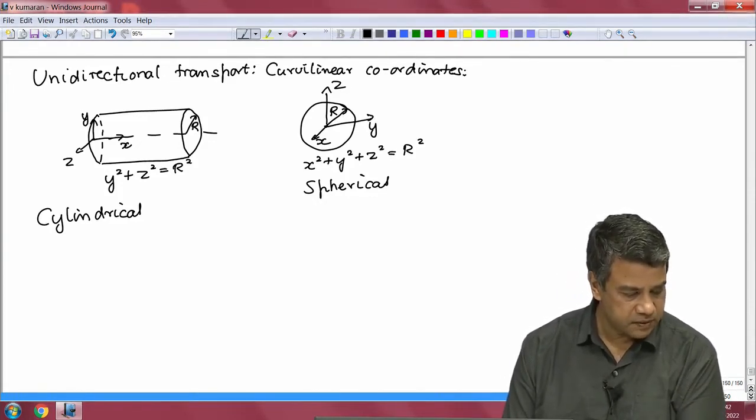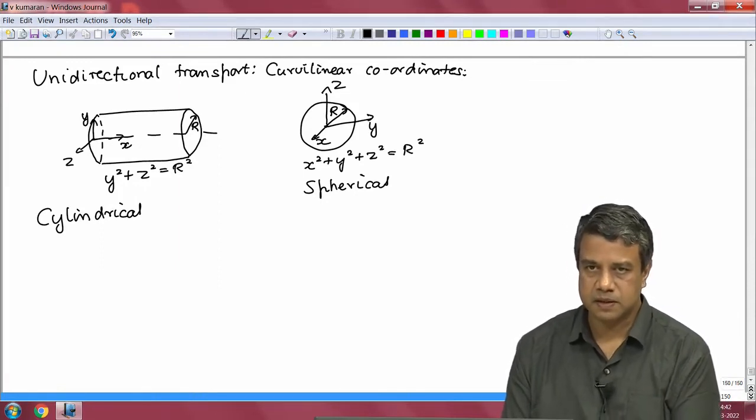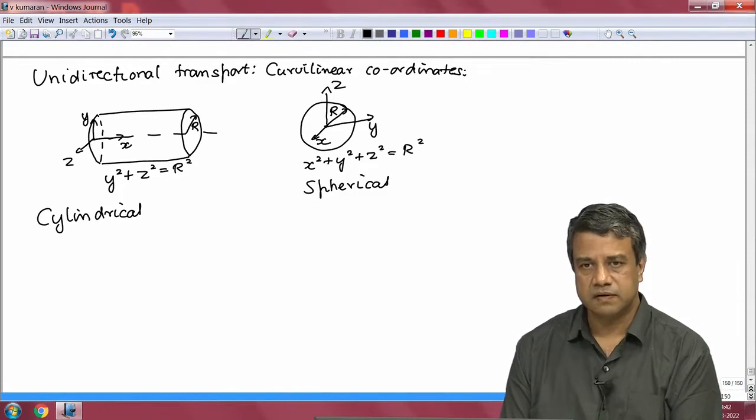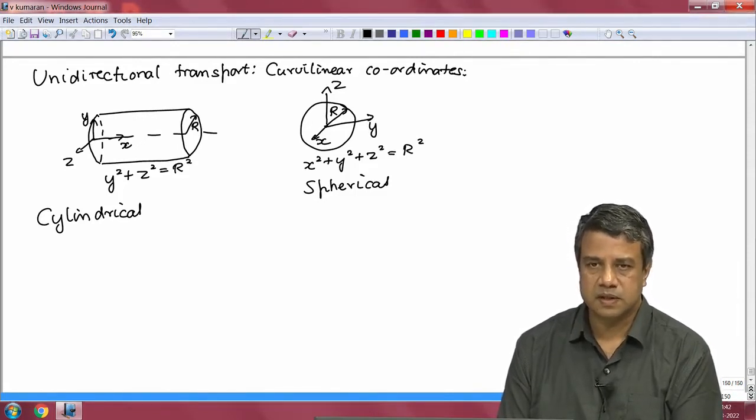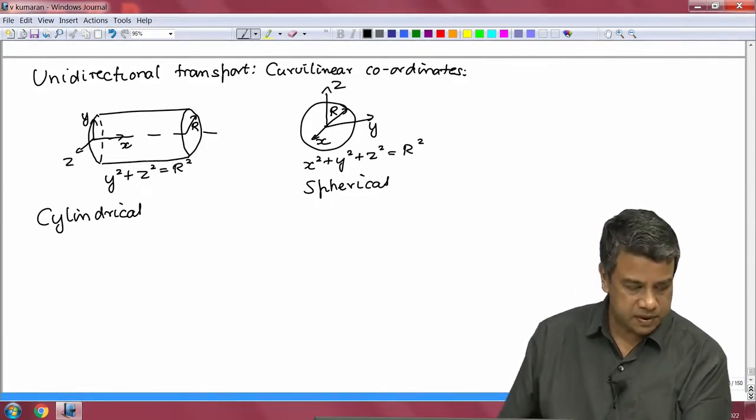So, let us examine, for example, energy transfer in a cylindrical coordinate system in a pipe. If I have some fluid in a pipe and it is being heated, the wall temperature is higher than the fluid temperature. How do we determine the energy balance equation for the temperature in the pipe?